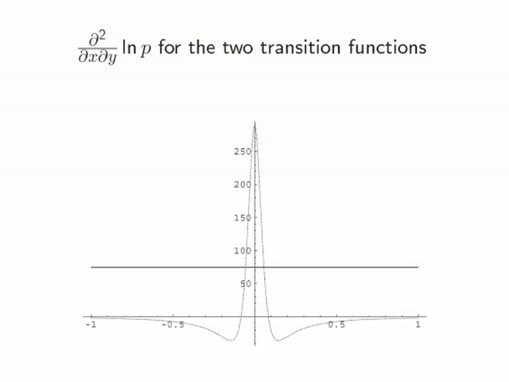It's basically log of e to the minus y minus x squared. So it's minus (y minus x) squared. Well, you take the second cross partial derivative, that's a constant. Differentiate (y minus x) squared once with respect to y, once with respect to x, you get a constant. So that's a straight line, and it's a straight line that's positive.